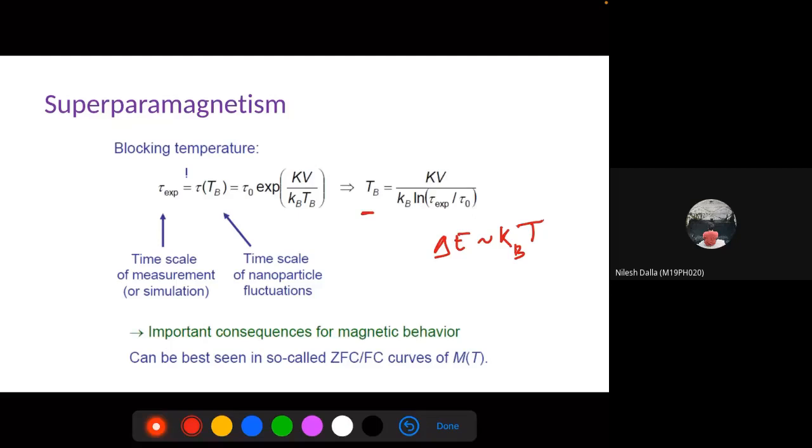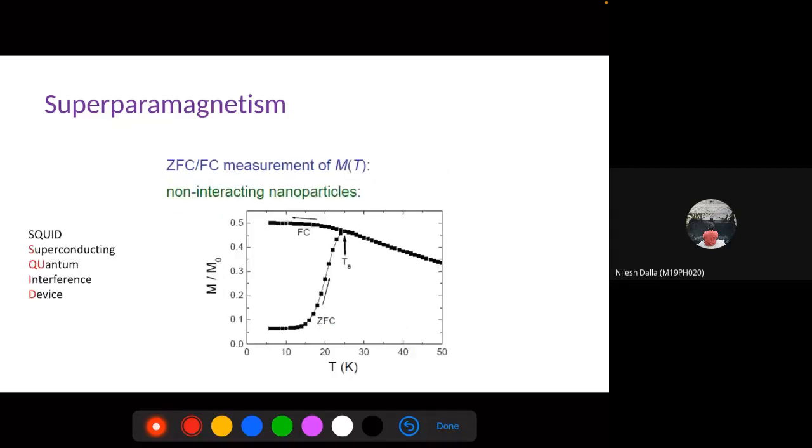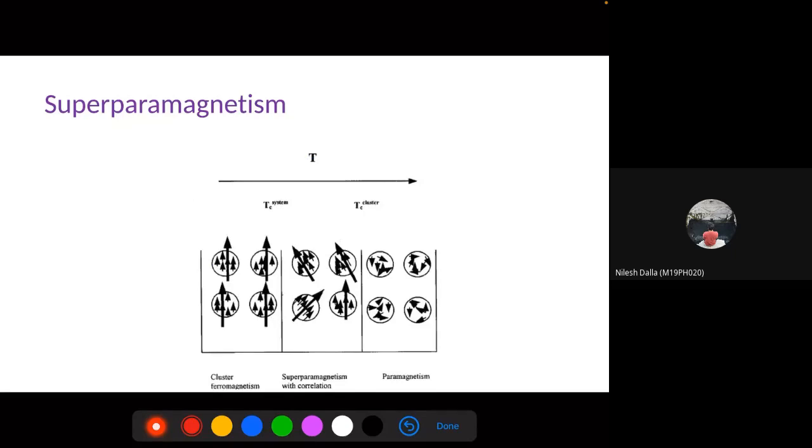Without really going into the details, I'll just show one example. What we are measuring is magnetization as a function of temperature.